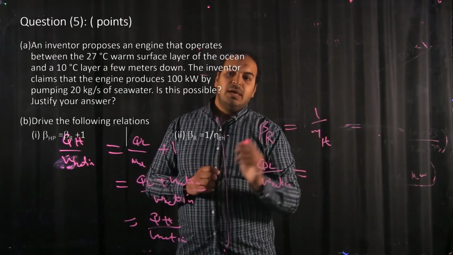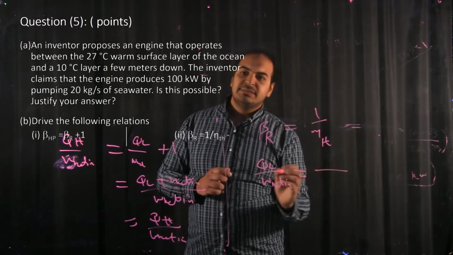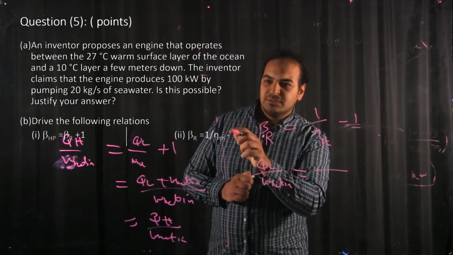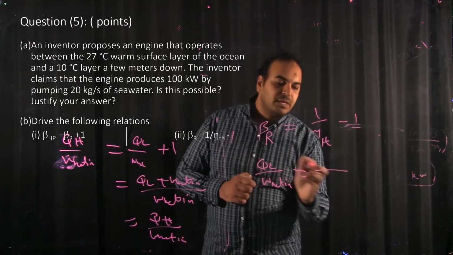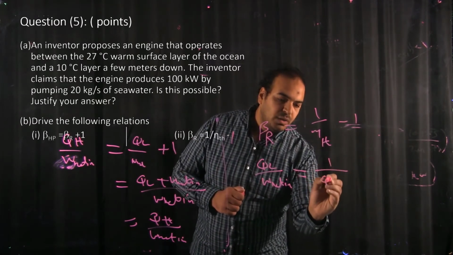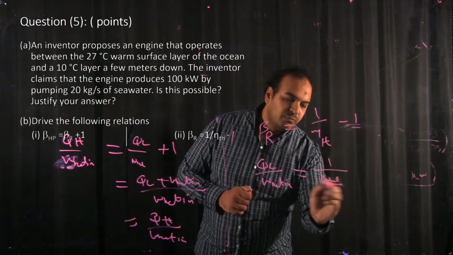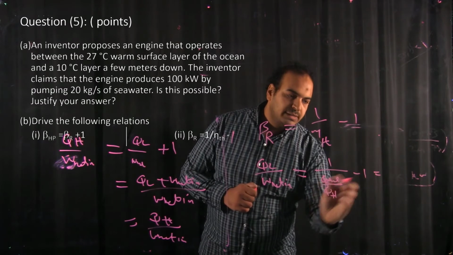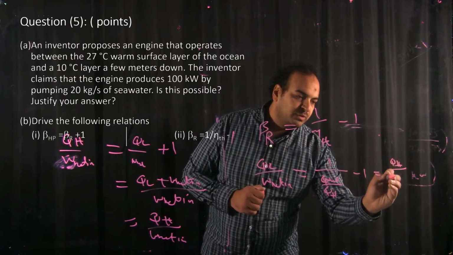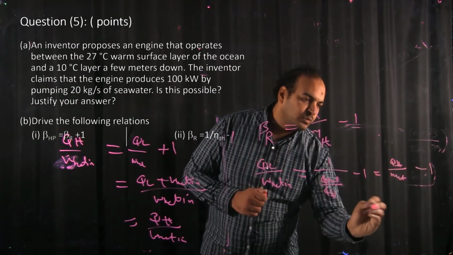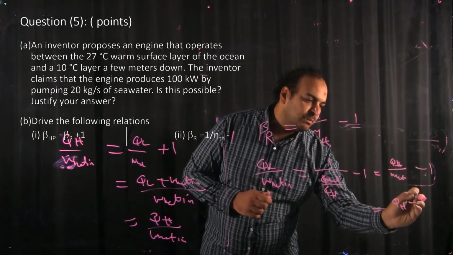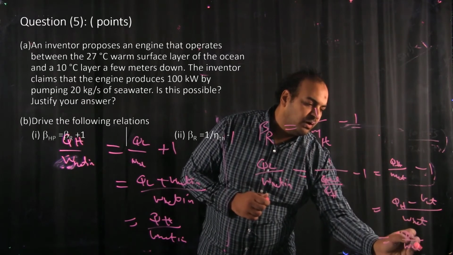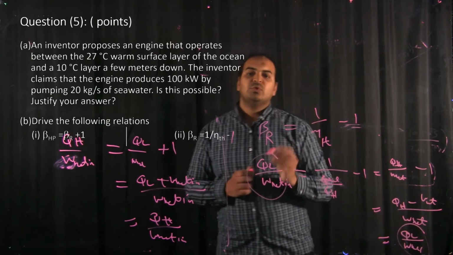So eta thermal is W net over Q high, and the right hand side is Q high over W net minus 1, which means Q high minus W net over W net, which means Q low over W net. The same as this one, as required to prove.